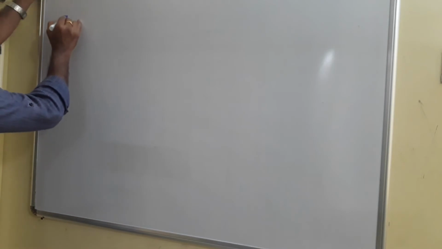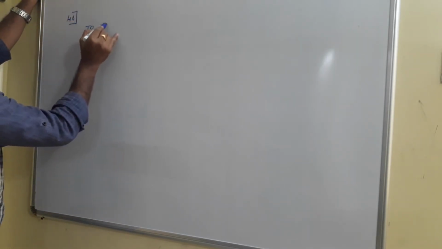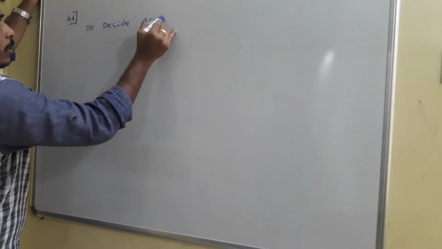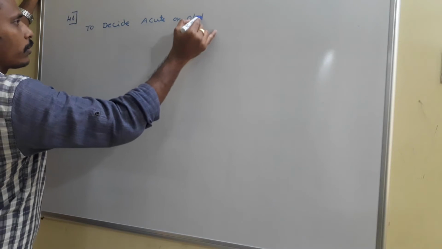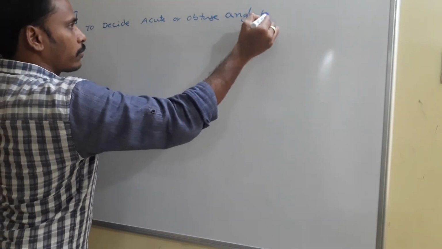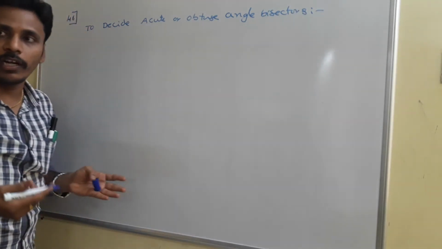Yeah, 46th point. Here we are going to mention another way of deciding acute angle and obtuse angle bisector. To discuss all these things, initially we need two lines.